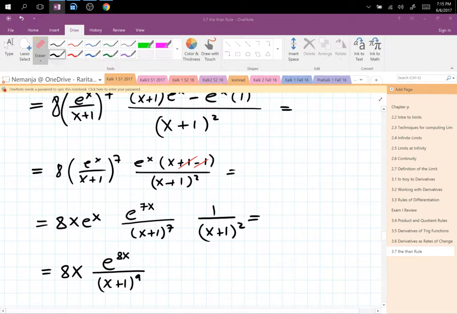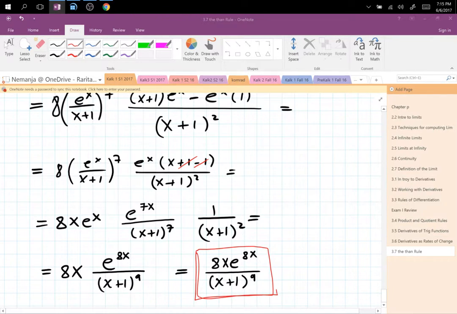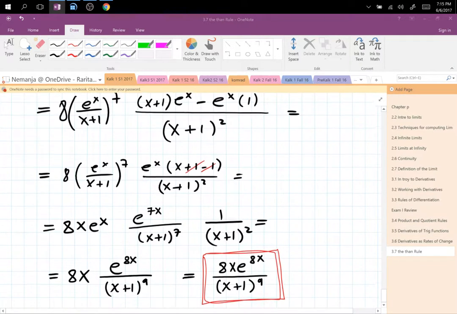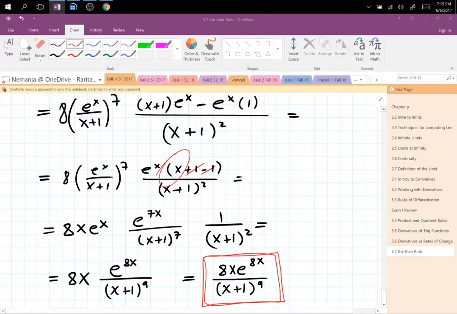So if you want to write this in the nicest possible form, that's 8x e to the 8x divided by x plus 1 to the 9th. That will be the most simplified answer that you can find. Where's that x coming from? That's this x here. Okay.